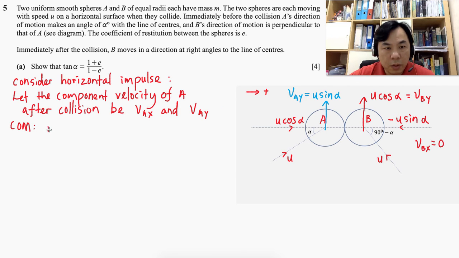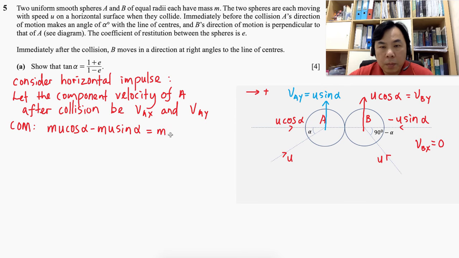So therefore, I will have m u cos alpha, the initial one, minus m u sin alpha, must be the same as m v_Bx plus m v_Ax, all the x components.